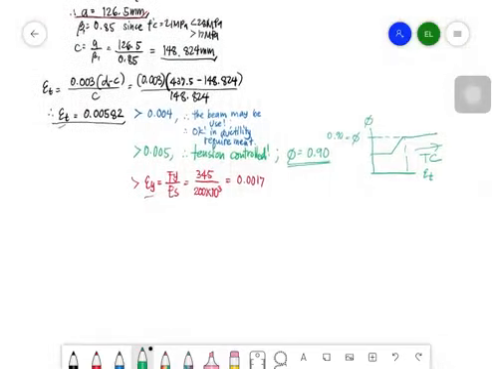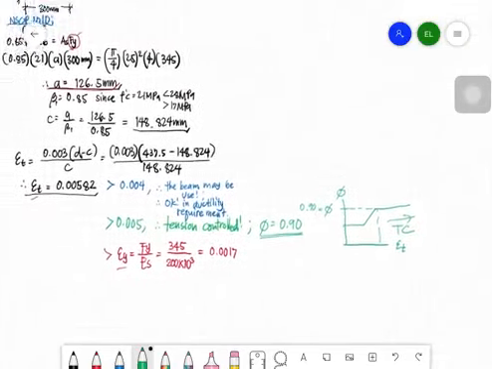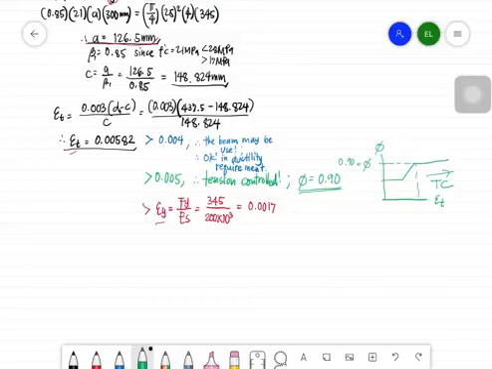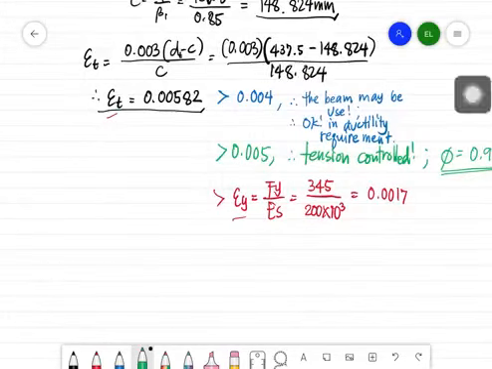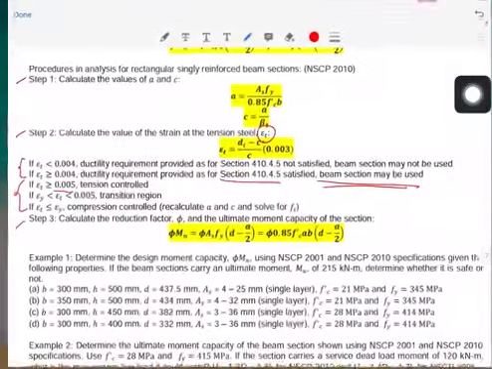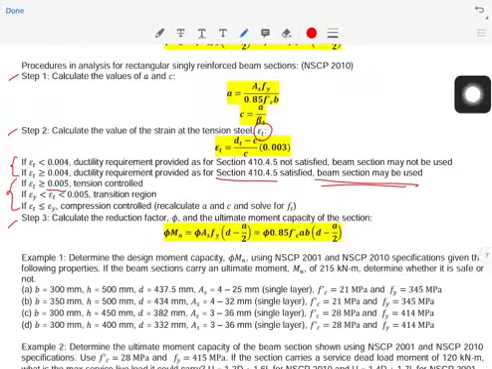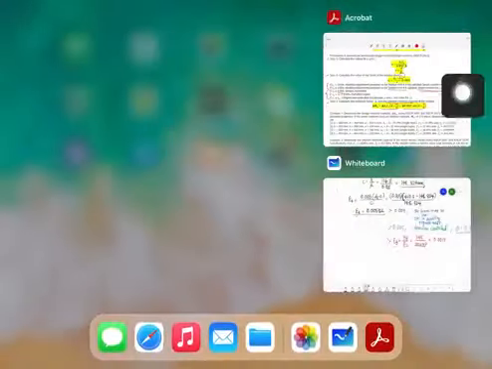That is for strain T. After that, calculate the ultimate capacity. You may solve it using this one, or you may also use that one. There's no problem.